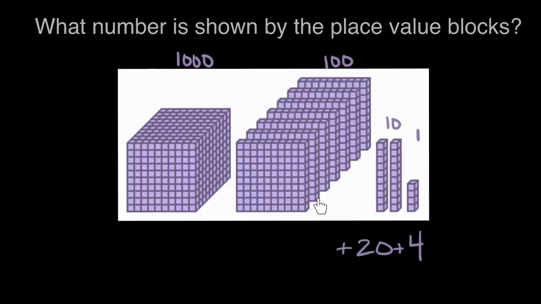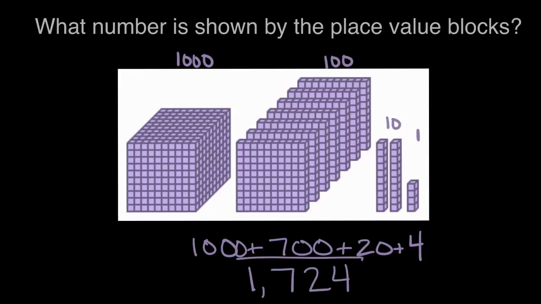Let's see, 100, 200, 300, 400, 500, 600, 700. There's 7 of the hundreds. Plus only 1 of the thousands, which will be 1,000. And now to combine this, to write this all together, this will be 1,724 is the number shown with these place value blocks.